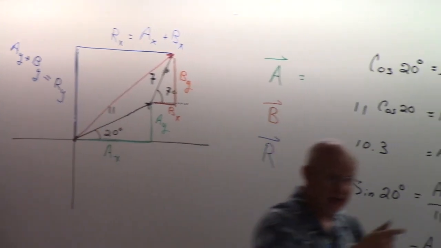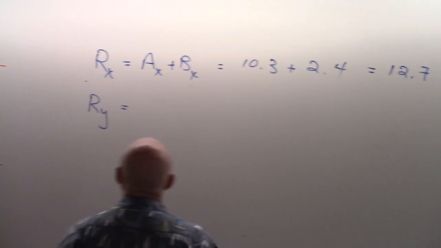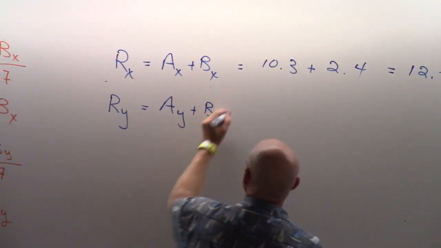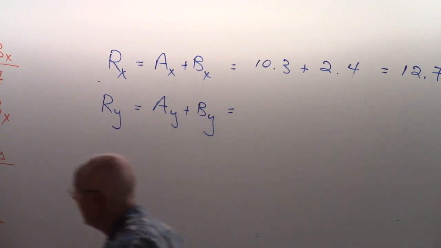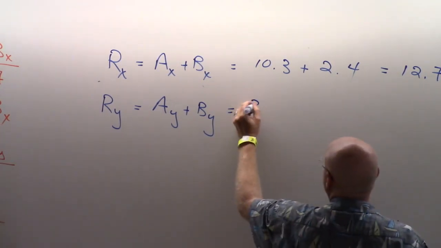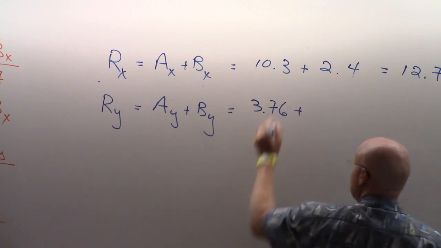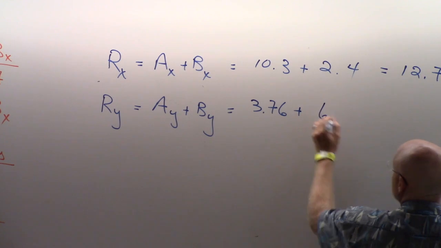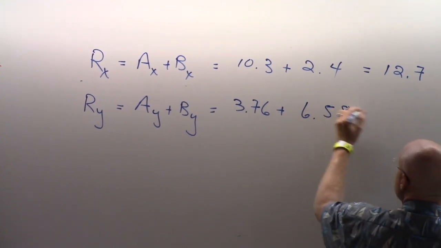And of course, let me do the same thing for Ry. This would be the Ay plus the By. Ay is 3.76, and the By is 6.58.